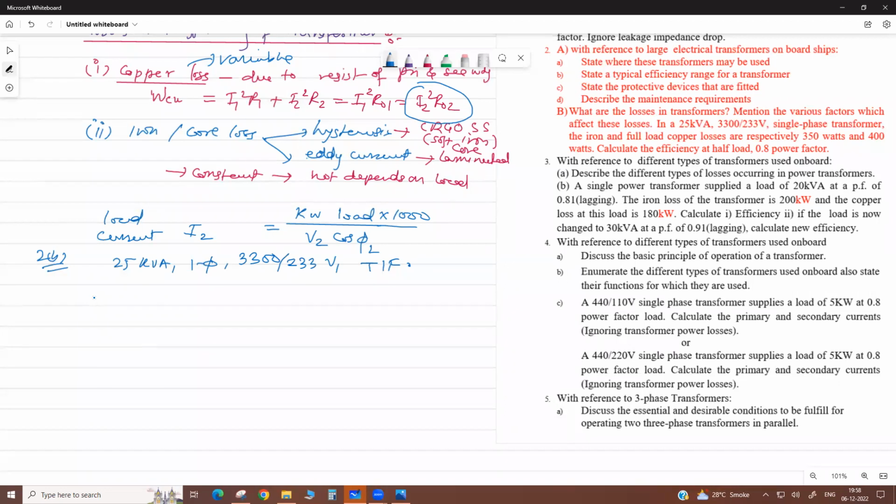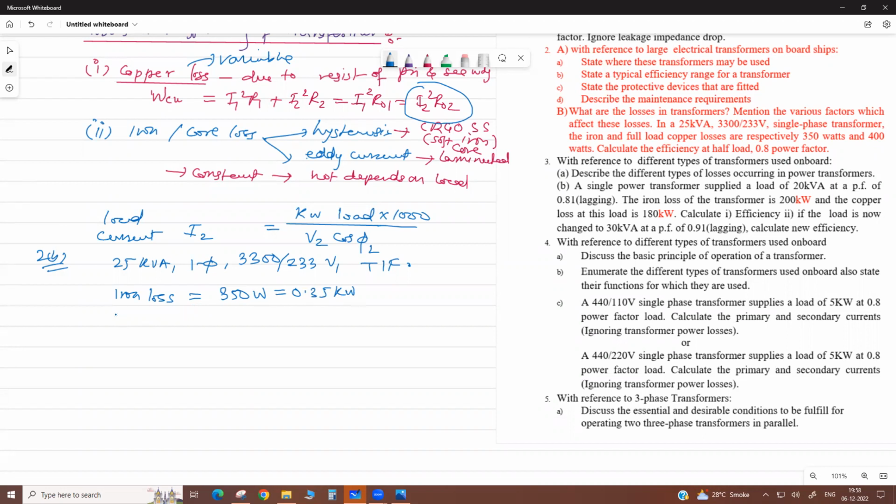So suppose at full load, your iron losses are given, that is 400 watt. No, sorry, iron losses are 350 watt, or we can write 0.35 kilowatt.